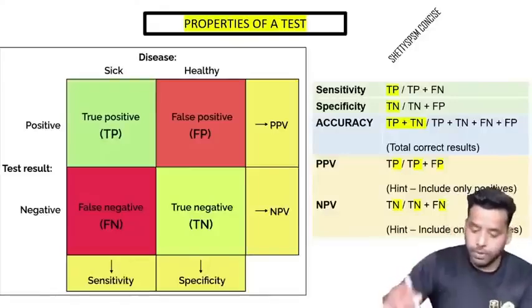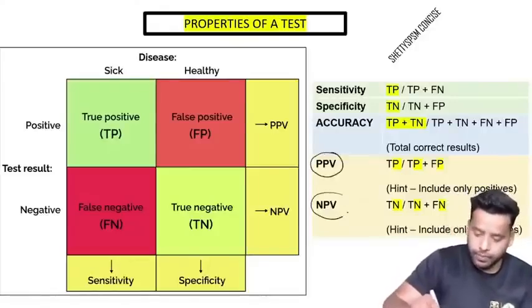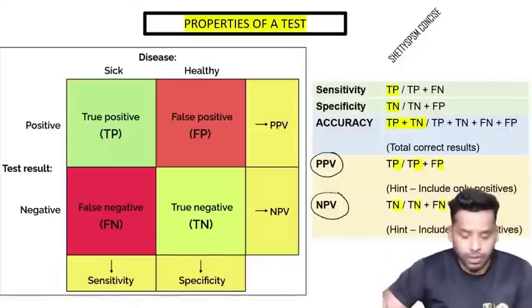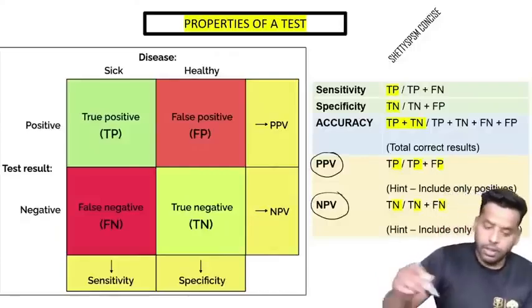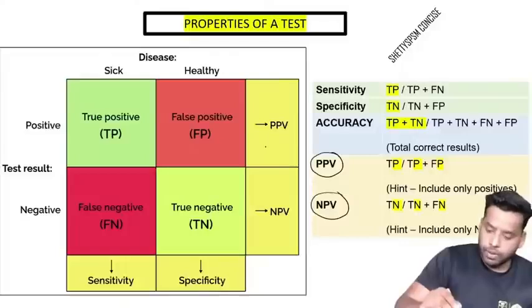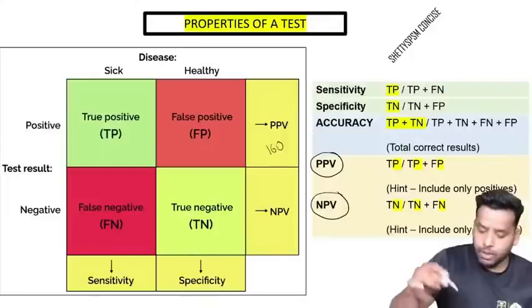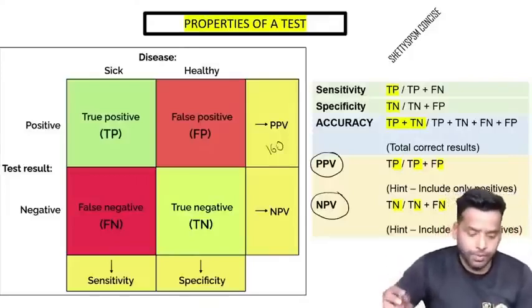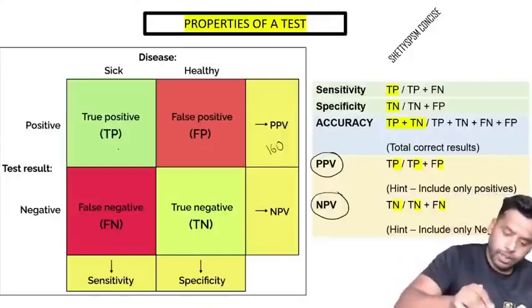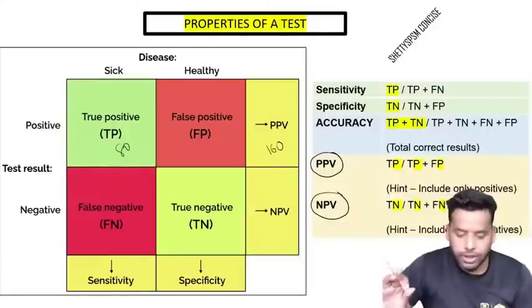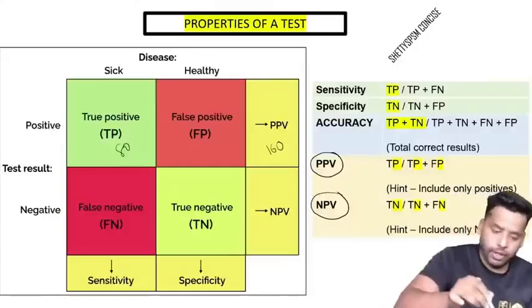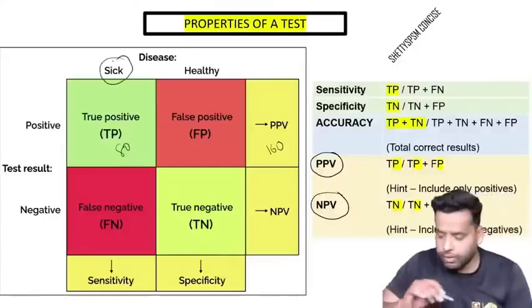Now come to predictive values. See there, positive predictive value and negative predictive value. Example I am telling: out of 160 test positives, if 80 are having disease, what is the positive predictive value?